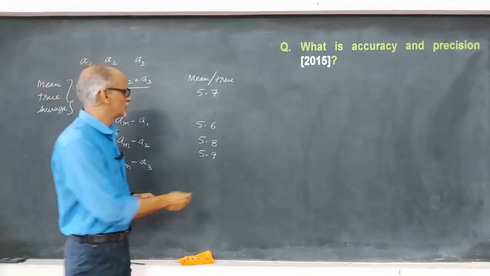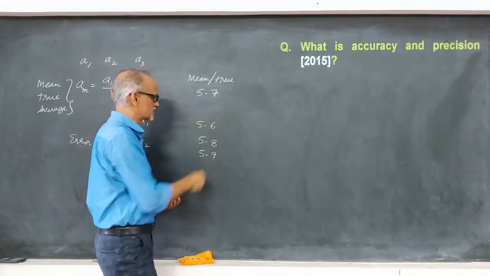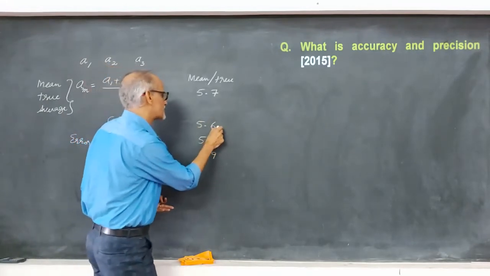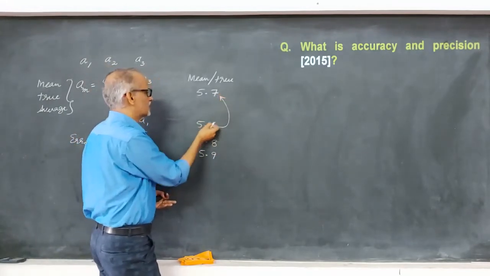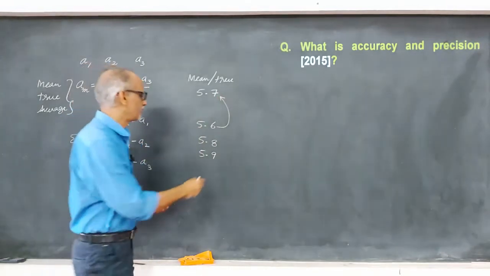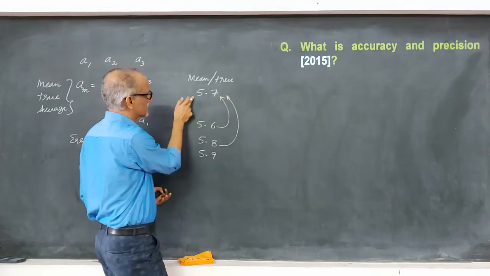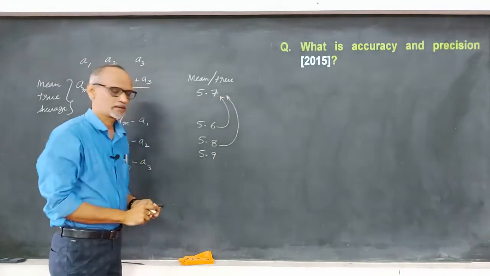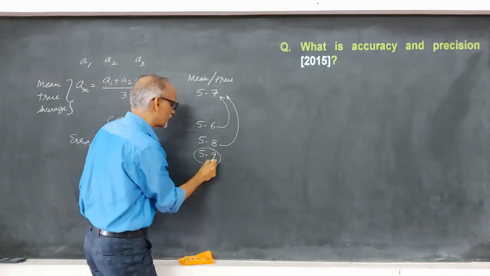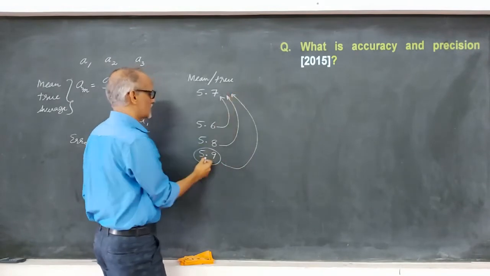Now, if you see, out of all these, 5.6 is very close to 5.7. 5.8 is also very close because the difference is only 0.1. Here the difference is 0.1, here also 0.1. But for 5.9, the difference is more, it is 0.2.